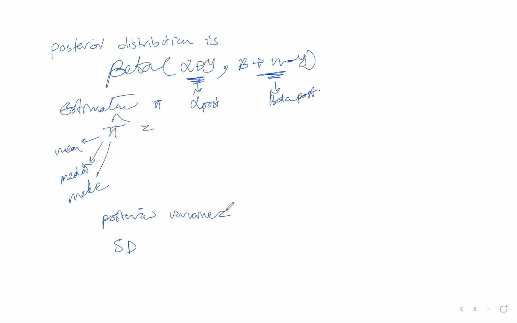So all of these are a function of alpha posterior, beta posterior. Once you get alpha posterior, beta posterior, you can do estimation. What about inference? How do I get the credible set, and calculate the probability of H0, probability of H1?